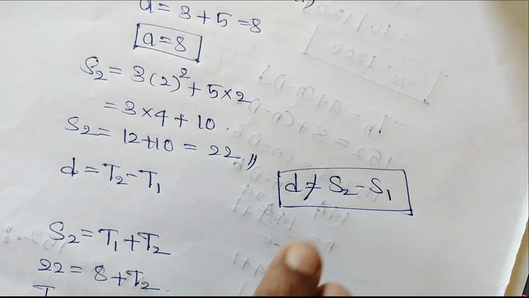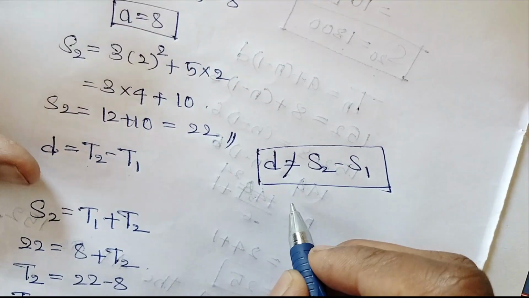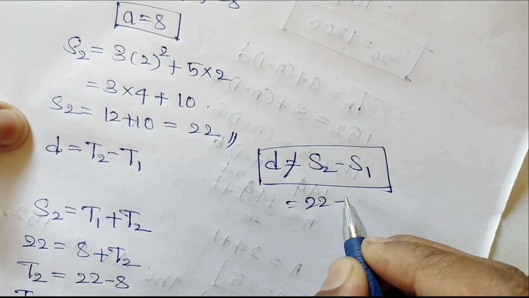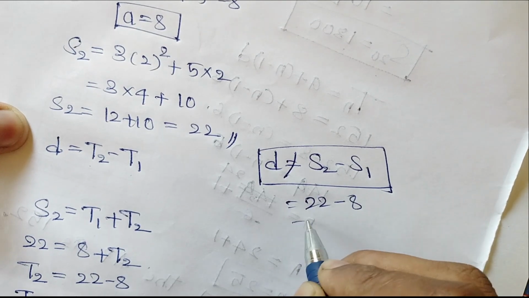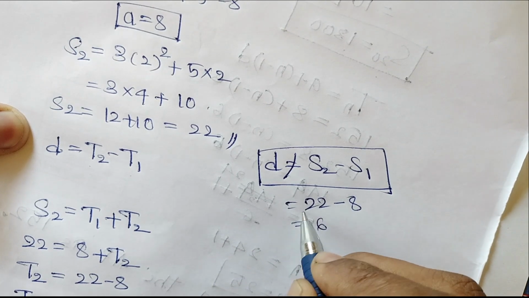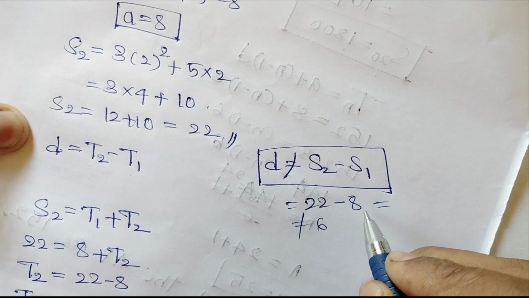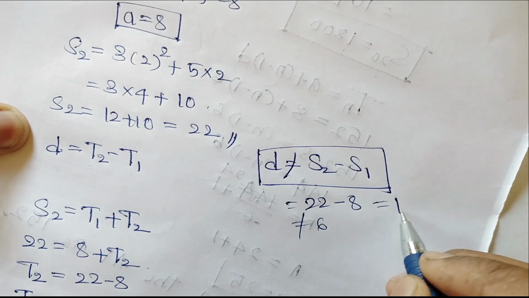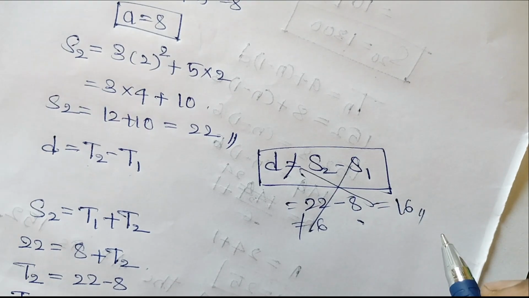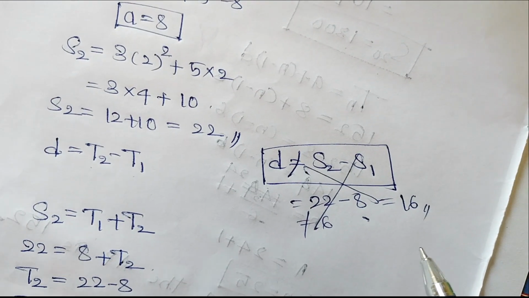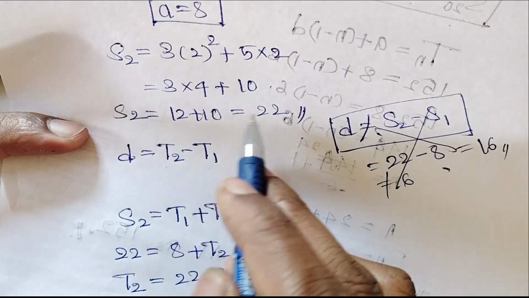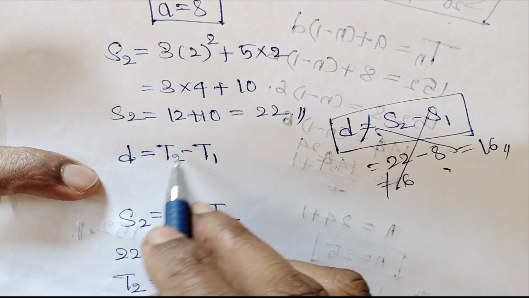If you take S2 minus S1, that is 22 minus 8, the answer will not become 6, it becomes 14, which is the wrong answer. It is not correct. So we have to find S2, and then we have to find T2.